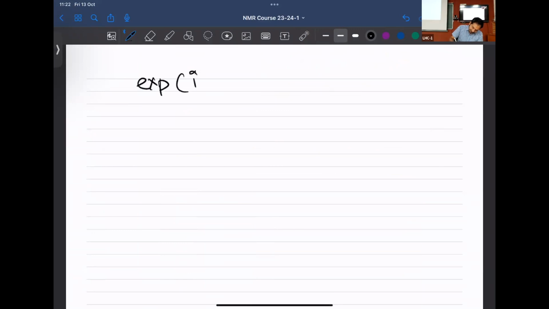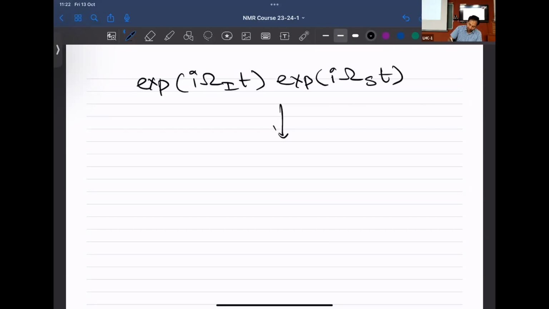We just said you have something like this, you will get a Dirac delta function at capital omega I. Now, somehow if you're able to also generate something like omega s times t, if you end up Fourier transforming, you're going to get the resonance at omega I plus omega s.